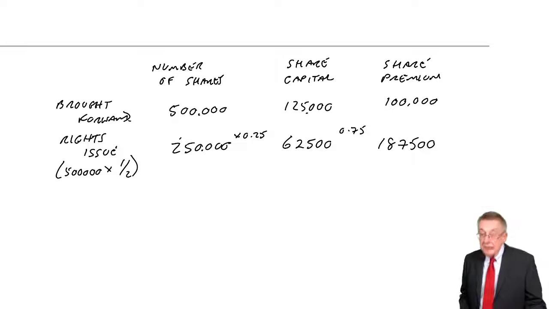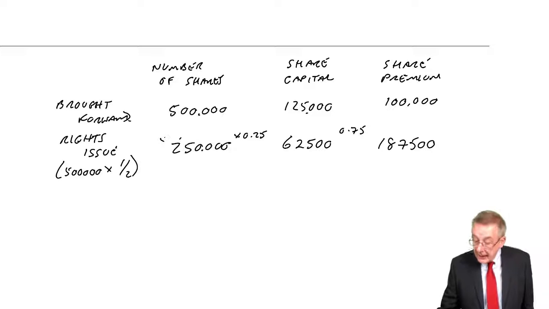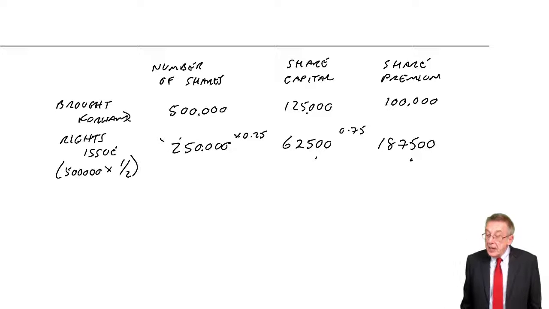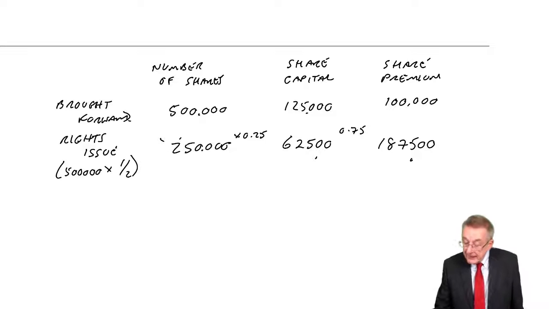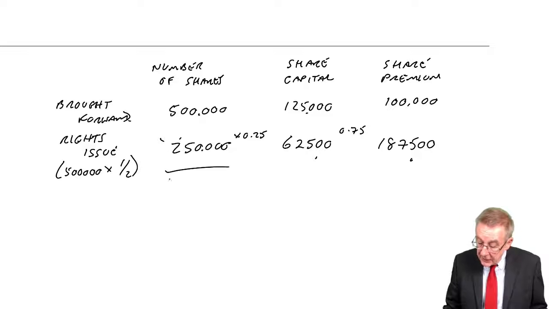And check you're happy with that. We issued 250,000 shares. They paid $1 each, so the cash we received was 250,000. We credit share capital with that much, share premium with that much. The total we're crediting is 250,000. So how many shares are now in issue? 750,000.